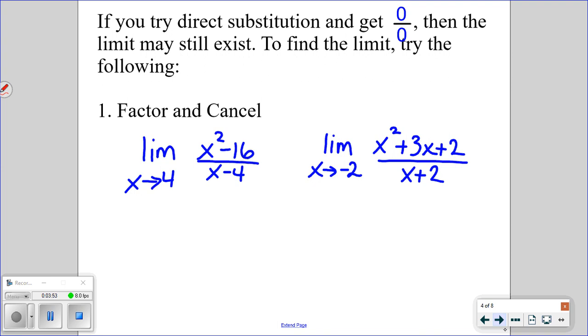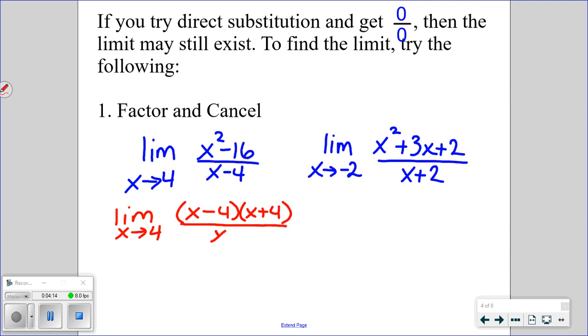In this first example, we have the limit as x approaches 4 of x squared minus 16 divided by x minus 4. What we're going to do is factor the numerator. This is a difference of squares. x squared minus 16 factors into x minus 4 times x plus 4, divided by x minus 4.